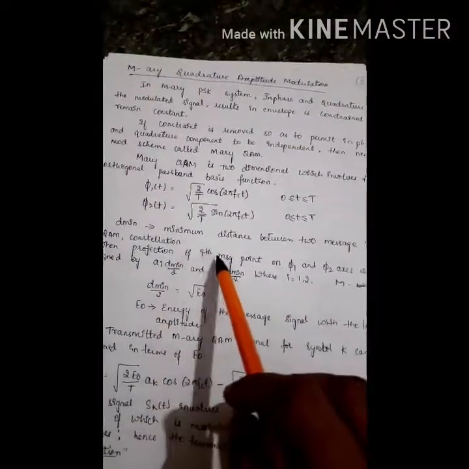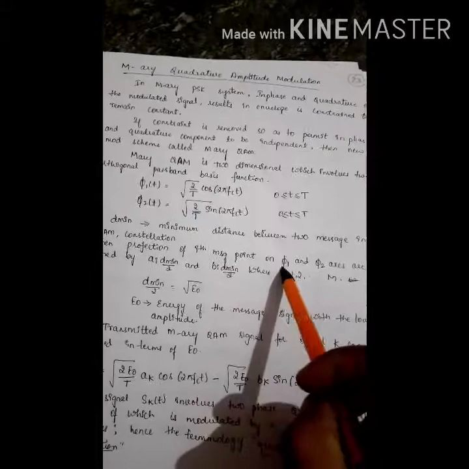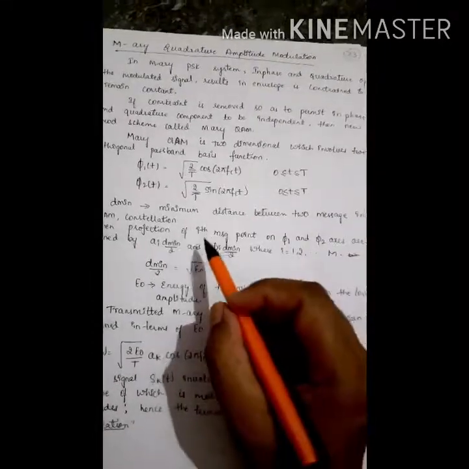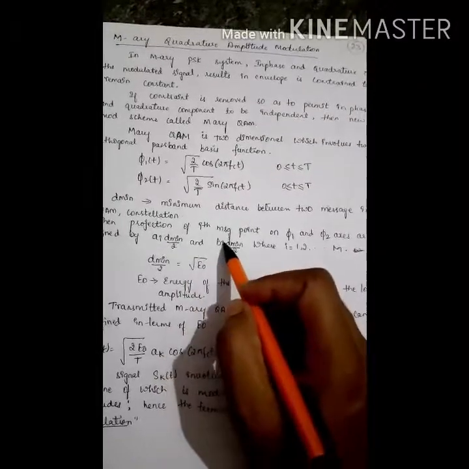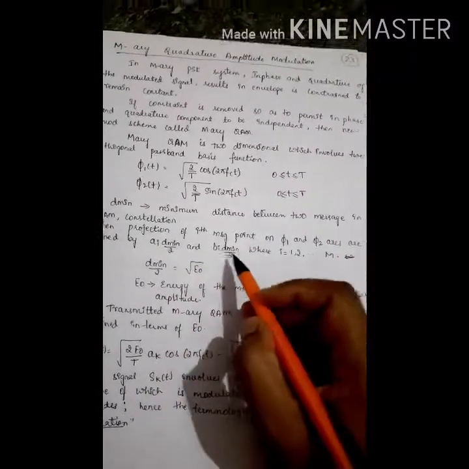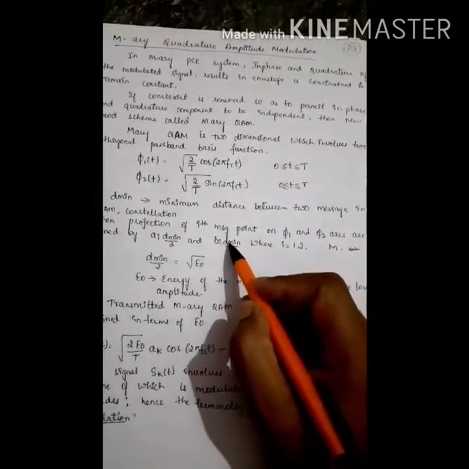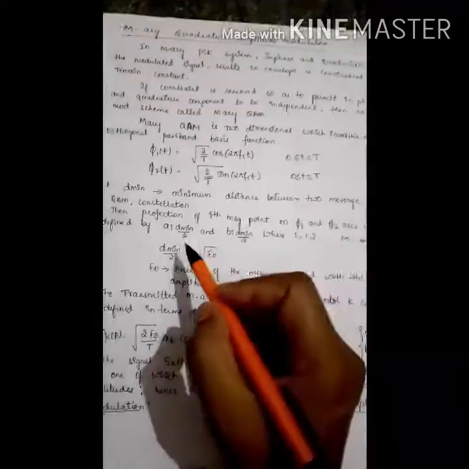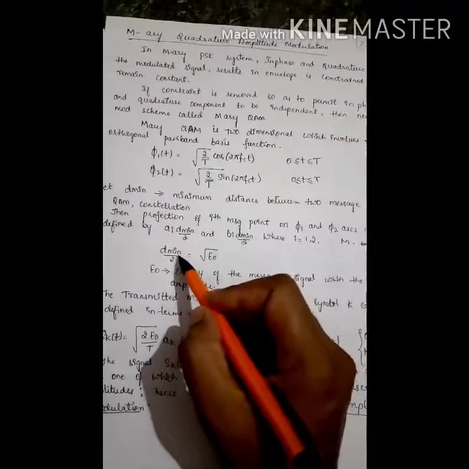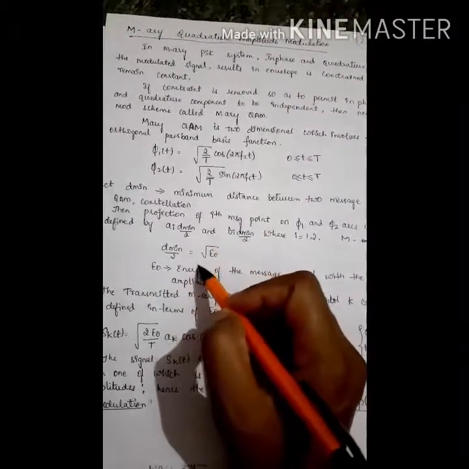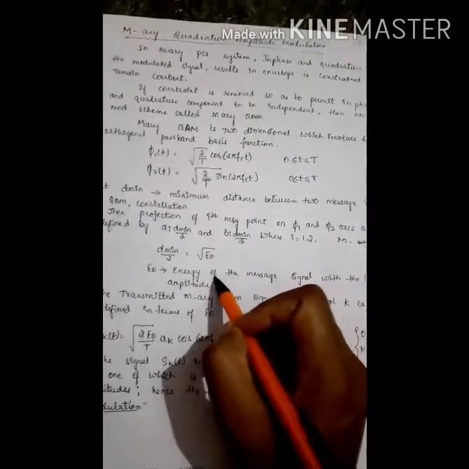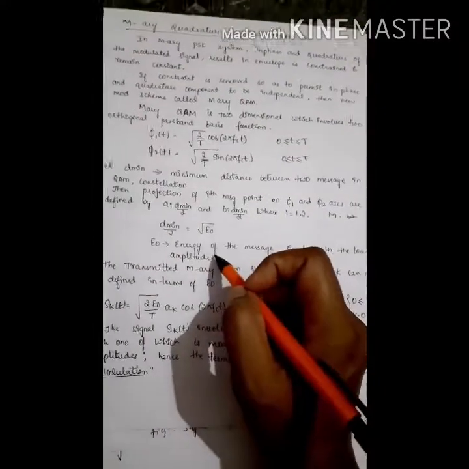Then the projections of the ith message point on the phi 1 and phi 2 axes are defined by ai d min by 2 and bi d min by 2, where i takes values from 1 up to M. Therefore d min by 2 is equal to square root of E naught, where E naught is the energy of the message signal with the lowest amplitude.